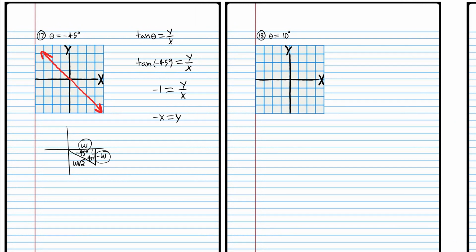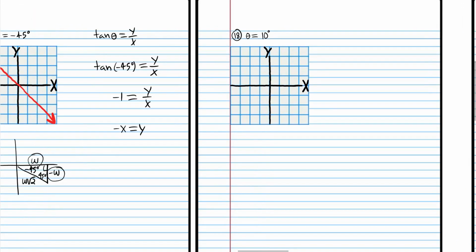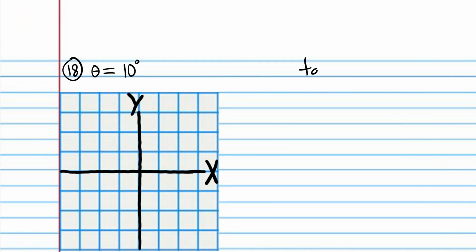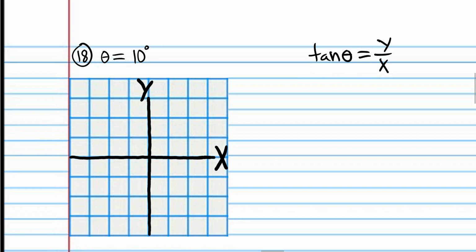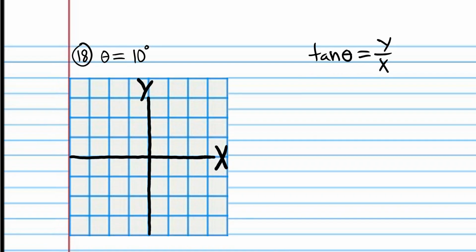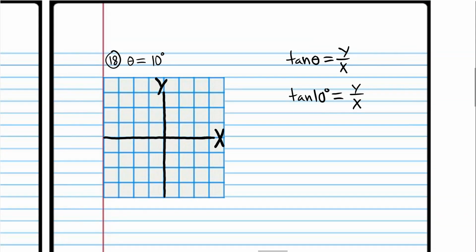Alright, we're back. So we know tangent theta is equal to y over x based on our definitions for the theta values and y and x values. Theta is always going to be 10 degrees, so we can just plug that in there. And using our calculator, tangent 10 degrees is approximately 0.167. Multiply both sides by x.